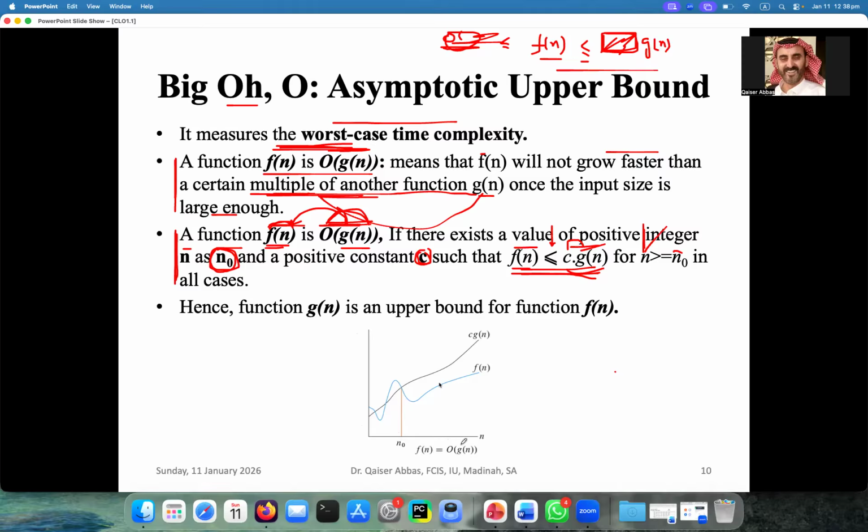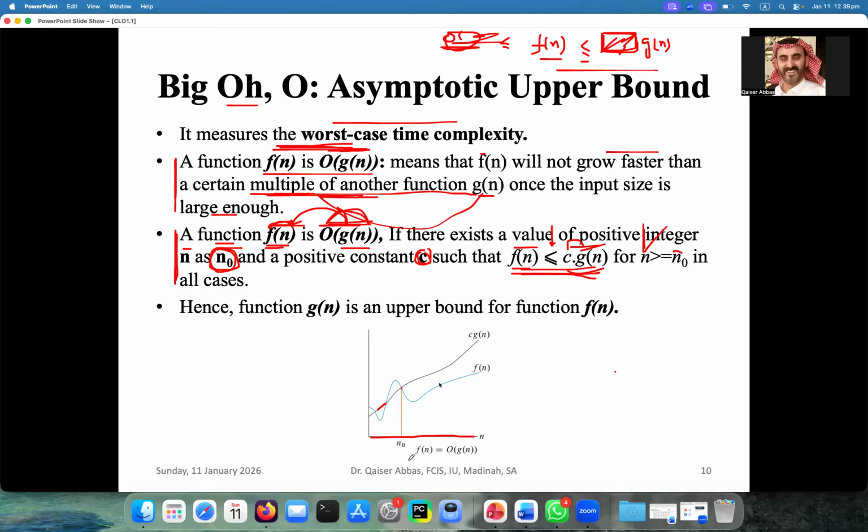And here is a graph. The x-axis is n, representing the input size of your algorithm or function. Before n0, sometimes f of n was higher and sometimes g of n was higher.